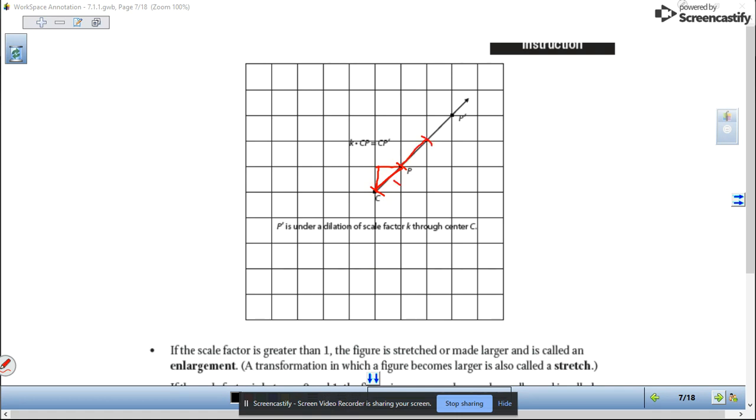So if that's 1, and that's another 1, and that's another 1, then our scale factor is 3, right? We had to multiply this times 3 to get to the furthest end. In other words, it takes 3 of those little segments to make the whole. That would be called a stretch. It got bigger.